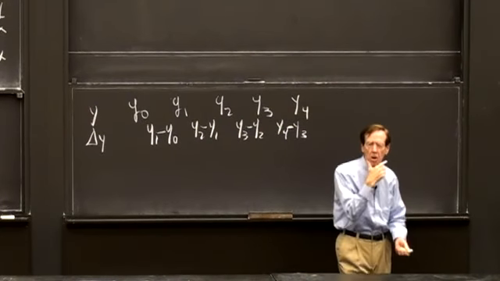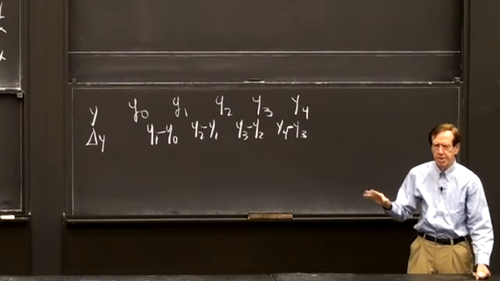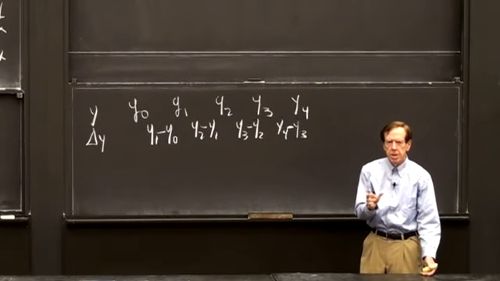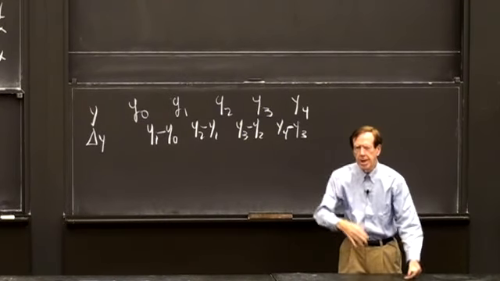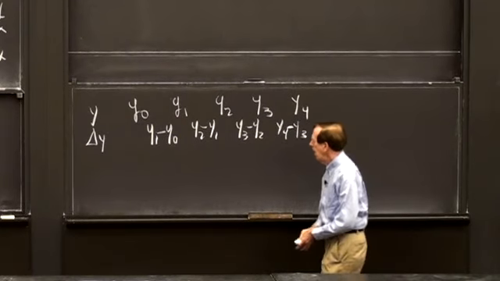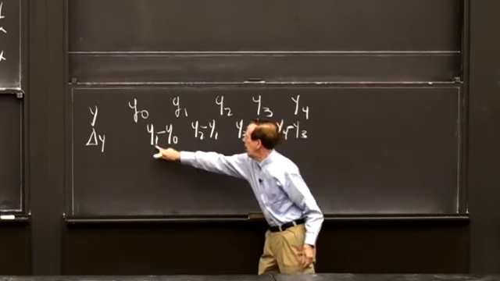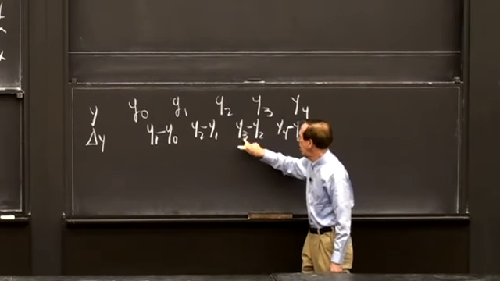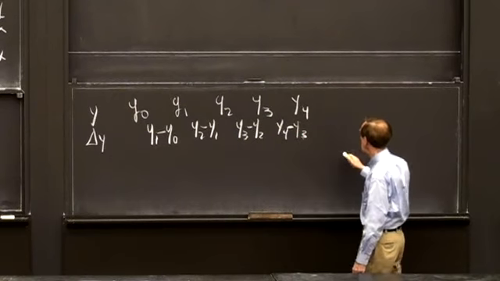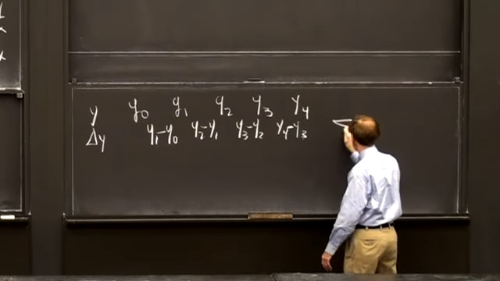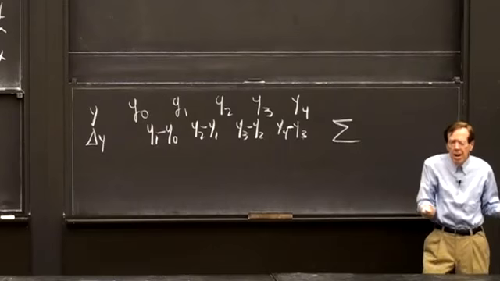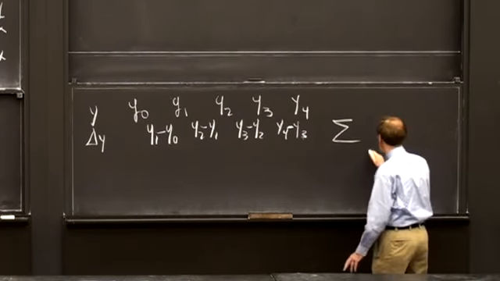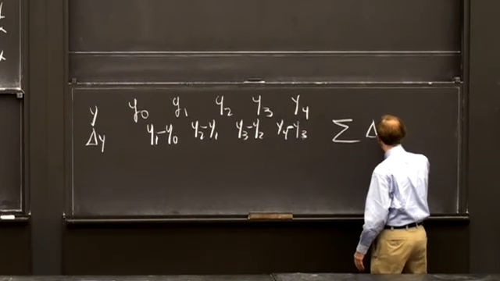What happens if I add all those delta y's? Do you see what happens? What happens if I add those 4 changes to get the total change? Well, when I add those, do you see that y1 will cancel minus y1, y2 will cancel minus y2, y3 will cancel minus y3. So the sum, I could use just a sigma symbol, but I'll just say sum and you know what I mean, of these delta y's is what?